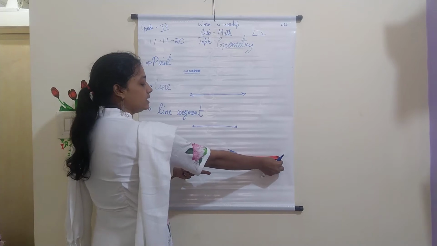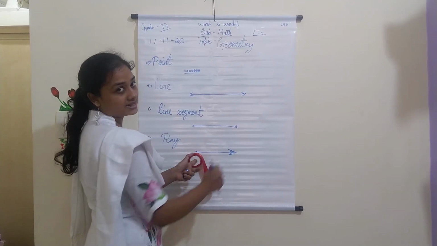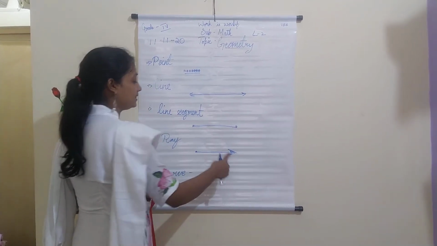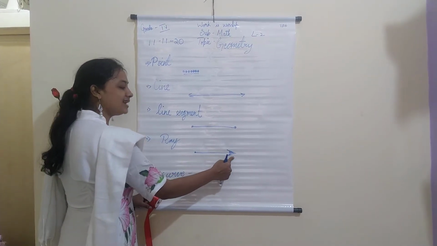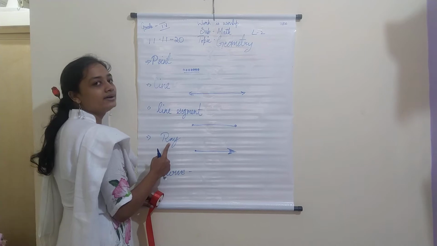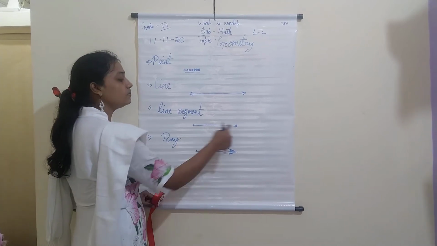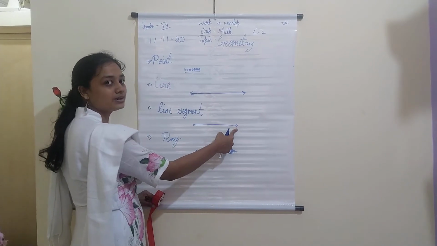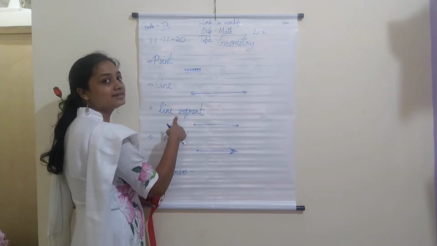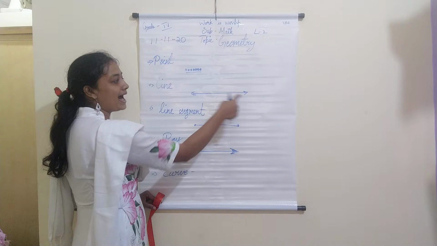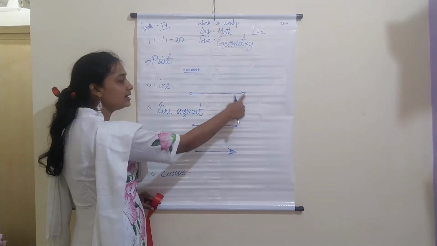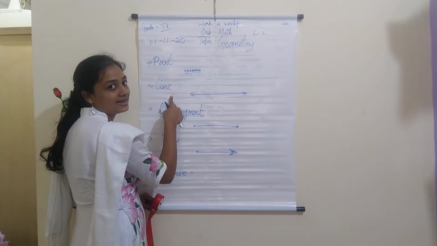That is the meaning of an arrow mark on one side. Such types of lines are called rays. That is, a line having only a one-side arrow mark is called a ray. A line having dots on both sides is called a line segment. A line having arrow marks on both sides is called just a line.